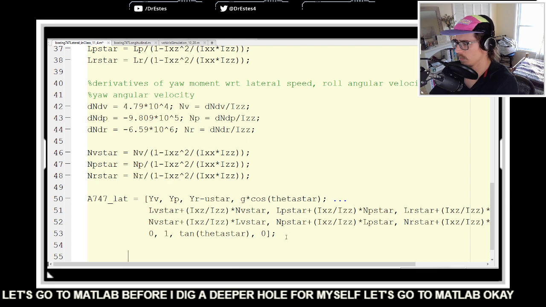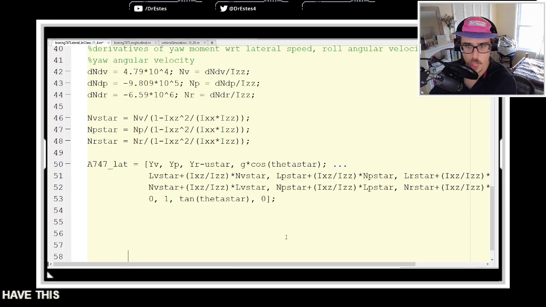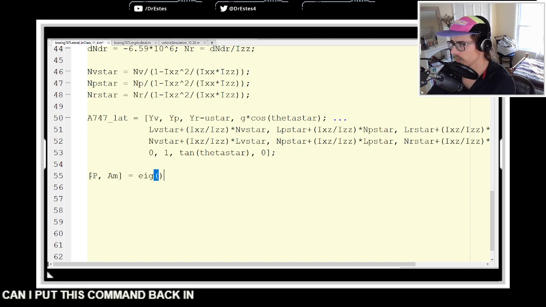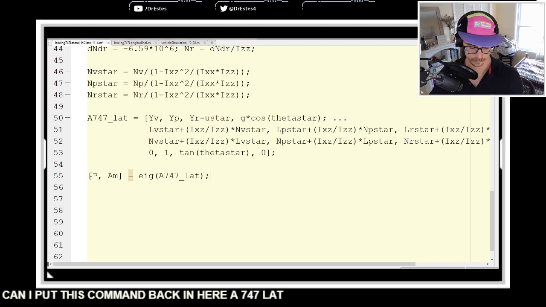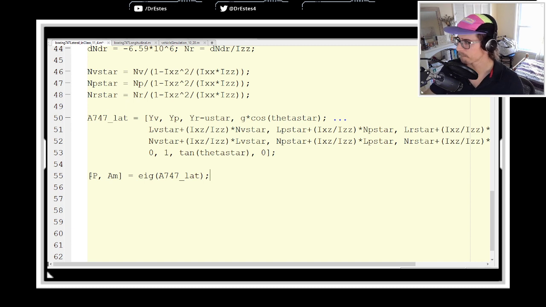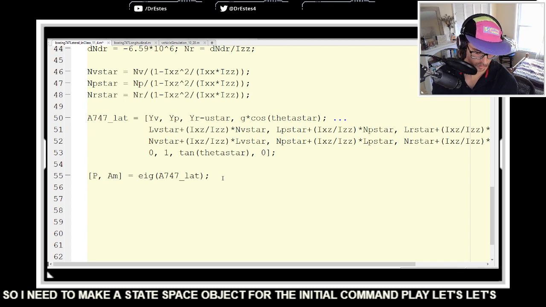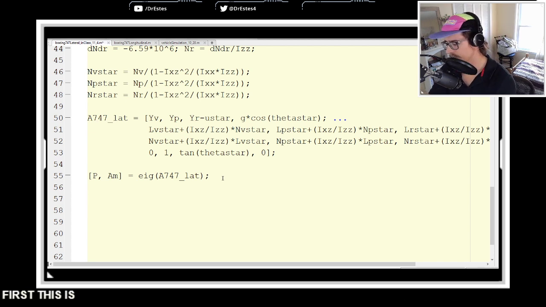Okay. So we have this A matrix. Oops. I'm going to put this command back in here. A747 lat. Because I'm going to need this. Okay. So I need to make a state space object for the initial command. Actually, let's do this first. This is the syntax for the initial command.